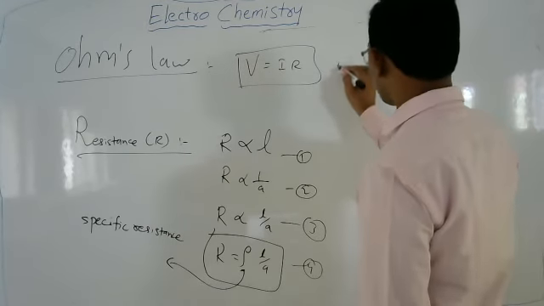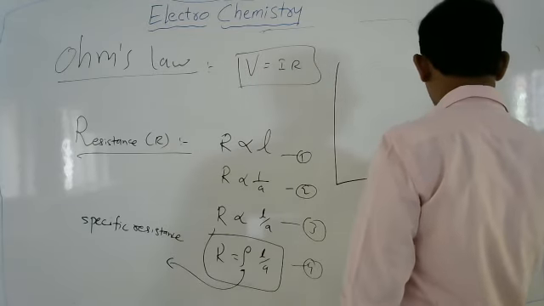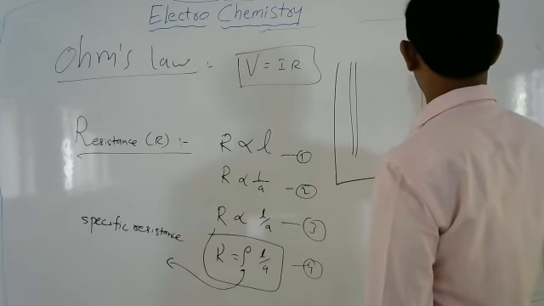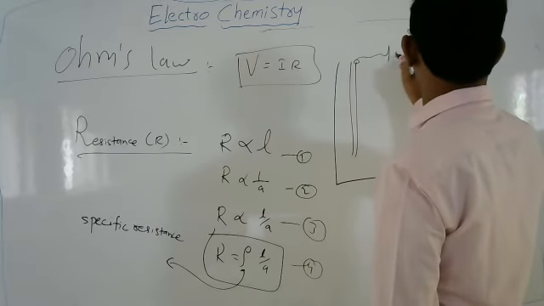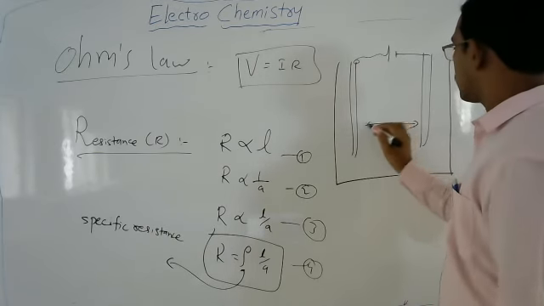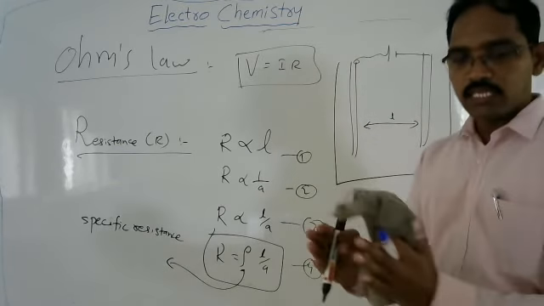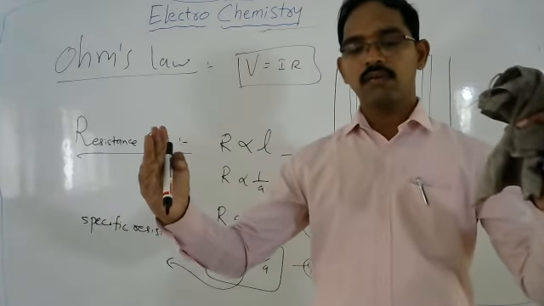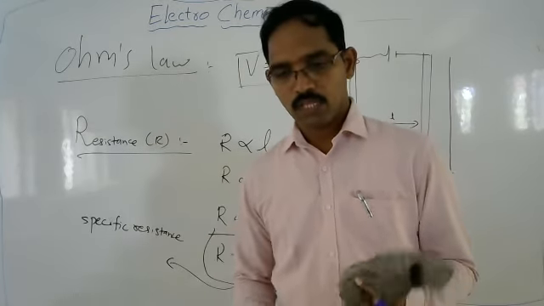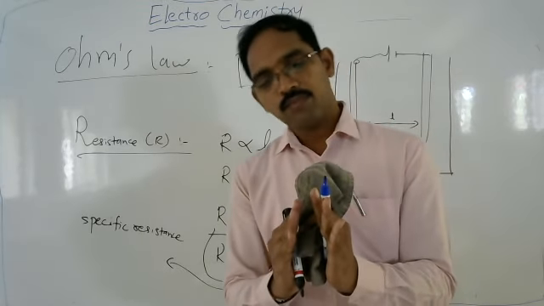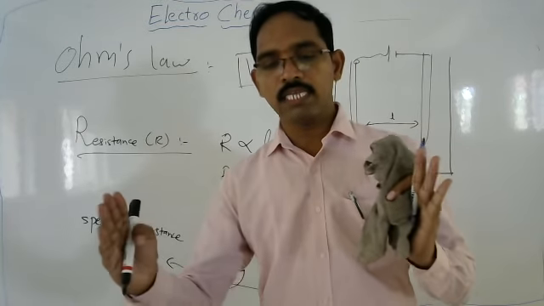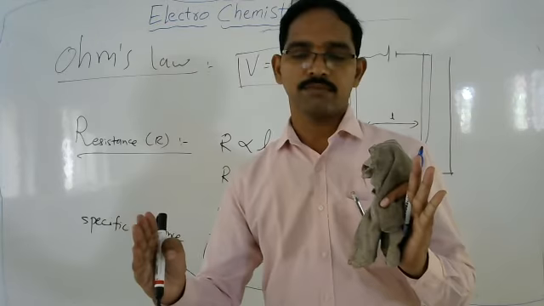In chemistry, we don't take iron rods or iron wire. Here we are taking electrodes. This electrode distance, this distance is L. If these electrodes are kept 1 meter apart, electricity cannot pass. If you keep a very small distance, then obviously electricity can pass. So when the distance is increasing, resistance is increasing.